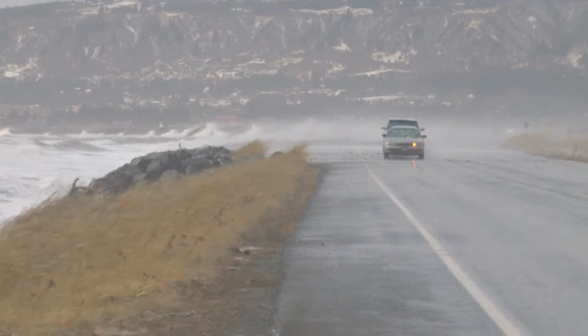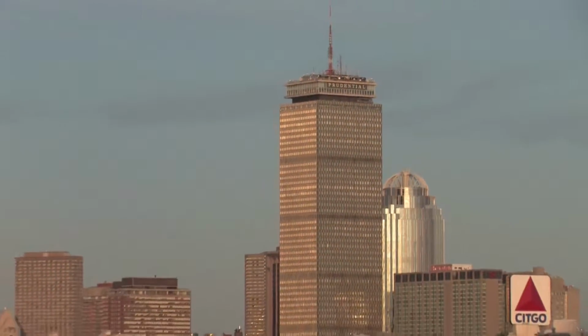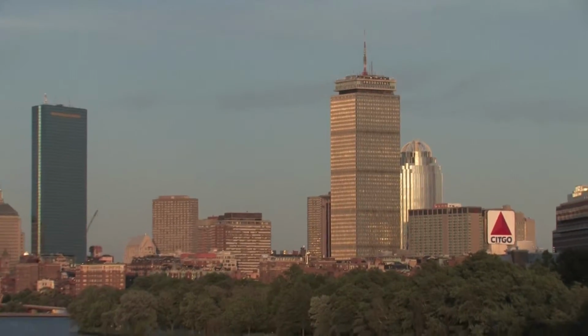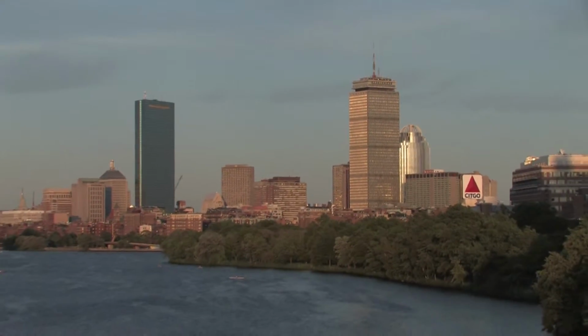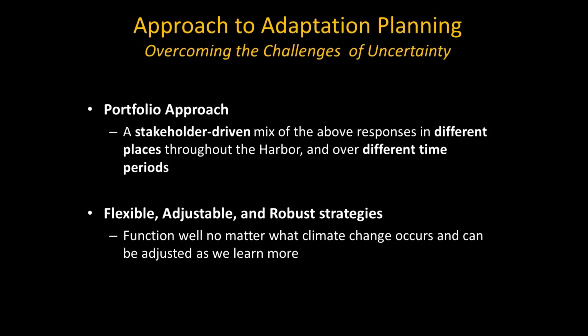Our research focuses on the hard structures of the city, specifically Boston and specifically sea level rise. But these adaptation concepts can be applied to many situations. One of the challenges we deal with in adaptation science is the uncertainty. We saw earlier on the sea level rise graph that the further you go out into the future, the more uncertain we are about when and how much sea level rise will occur.